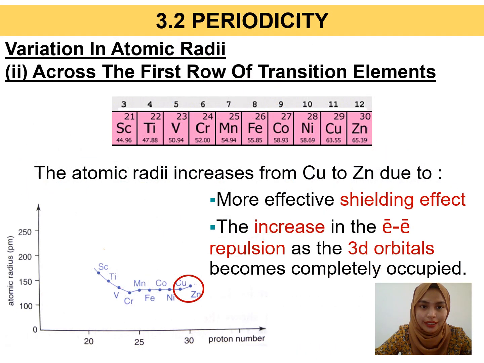Okay, senang cerita, across the first row of transition elements, the atomic radii will not increase much from copper to zinc due to more effective shielding effect and the increase in the electron-electron repulsion as the 3d orbitals becomes completely occupied. Alright?